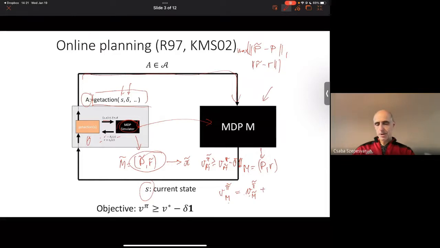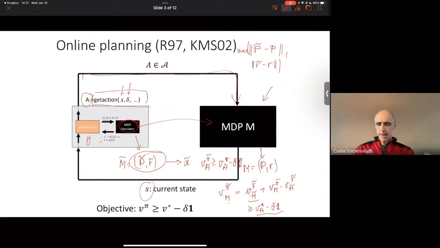So we have to compensate for this, so we have to subtract this. And we know that this is a big value in M tilde, near optimal. So we can lower bound the first quantity by this value.